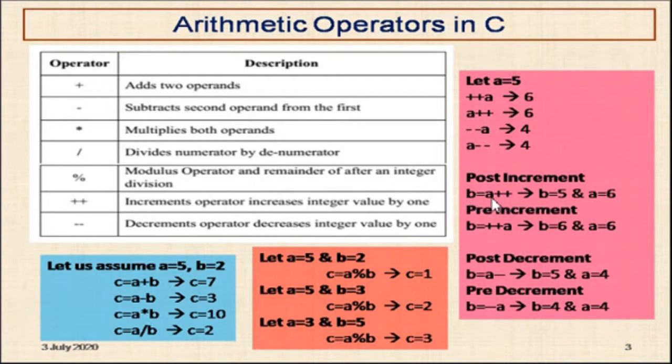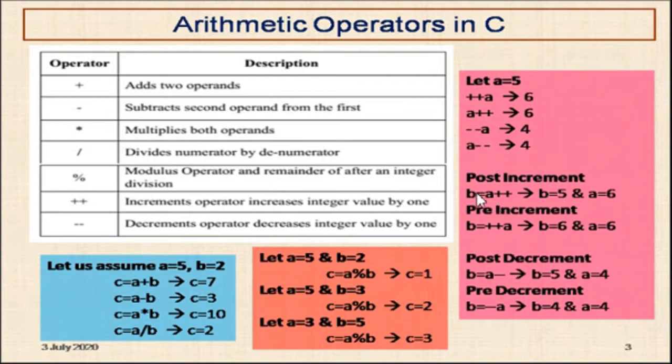That is, it will post the value of A first and then increment the value of A by 1. So the increment operation is done after the assignment. That is why it is called post increment. After this is executed, the value of B is 5 because A is first assigned.